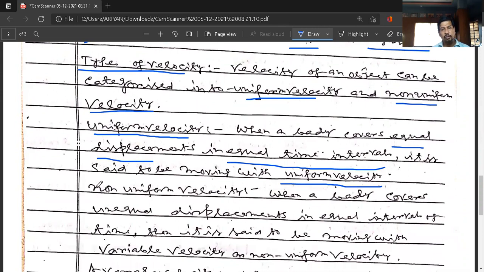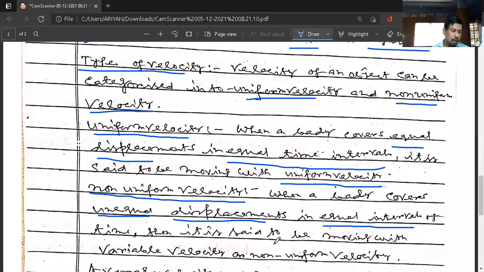Non-uniform velocity: when a body covers unequal displacement in unequal interval of time, it is said to be moving with variable velocity or non-uniform velocity.